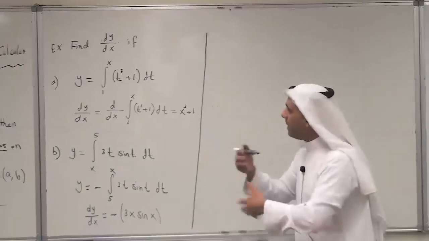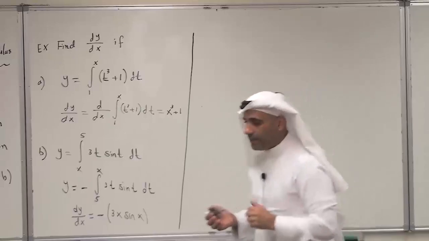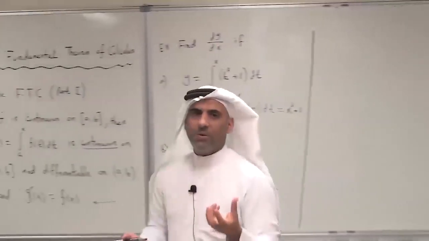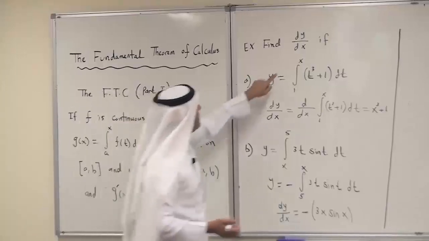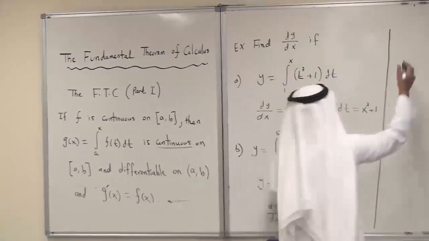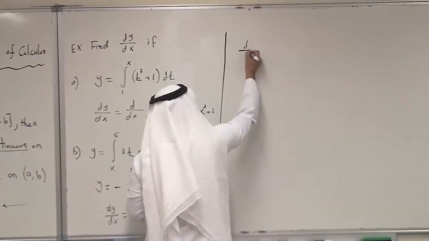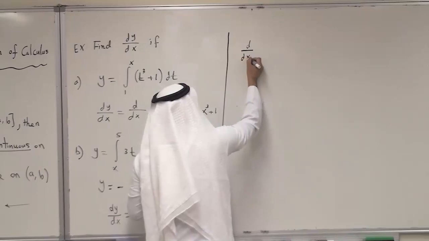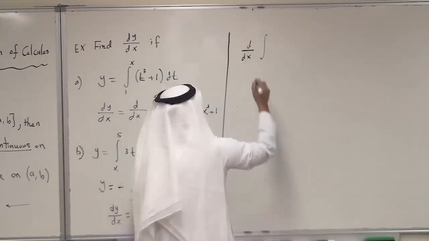Now we will make a connection between what we have done here and the chain rule. In the next example, I will change this x into a function of x. So let us do it in general. What is the derivative of an integral function, or a function defined in terms of an integral?